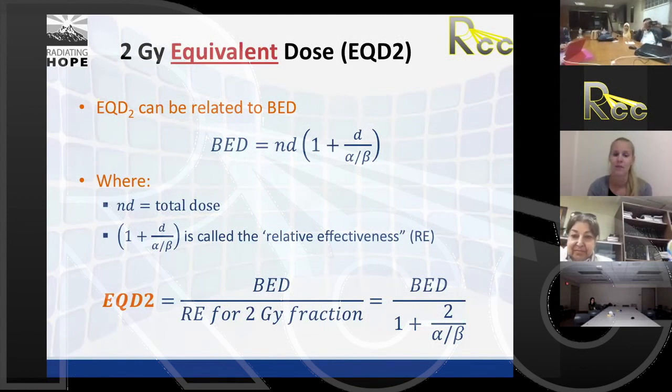So we do a ratio: to get our 2 gray equivalent dose, we divide our biological effective dose by the relative effectiveness value for a 2 gray fraction. So it's your biological effective dose divided by 1 plus 2 over alpha beta.